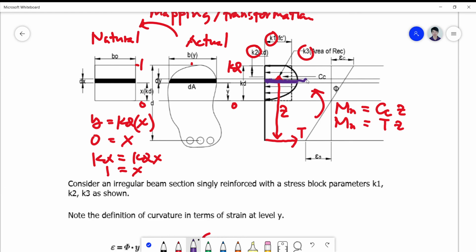I have my differential C. Okay, if I integrate dCc, I will get Cc. So from 0 to kd of your k1 fc prime multiplied by your function. Okay, so this is now the function.